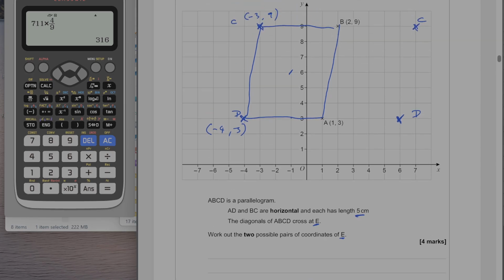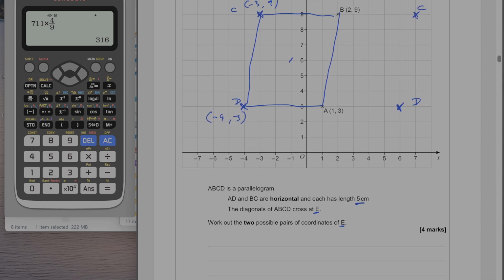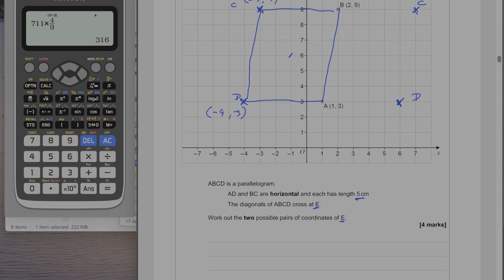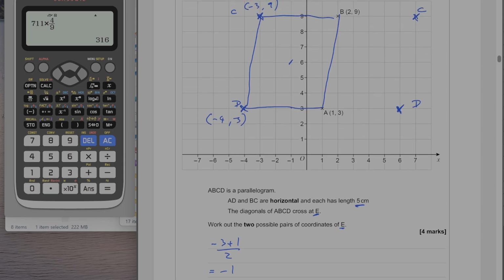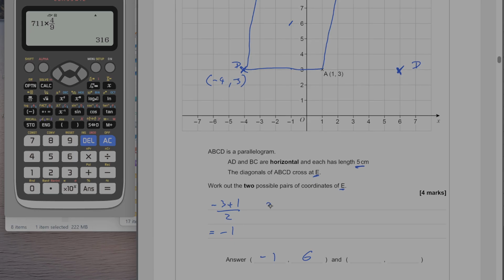I've made a mistake there. That should be -1. So let's actually do the sum for that. That x-coordinate is -3, so -3 plus 1 divided by 2 is equal to -1. And the other one I want halfway between 3 and 9. So 3 plus 9 divided by 2 is equal to 6.